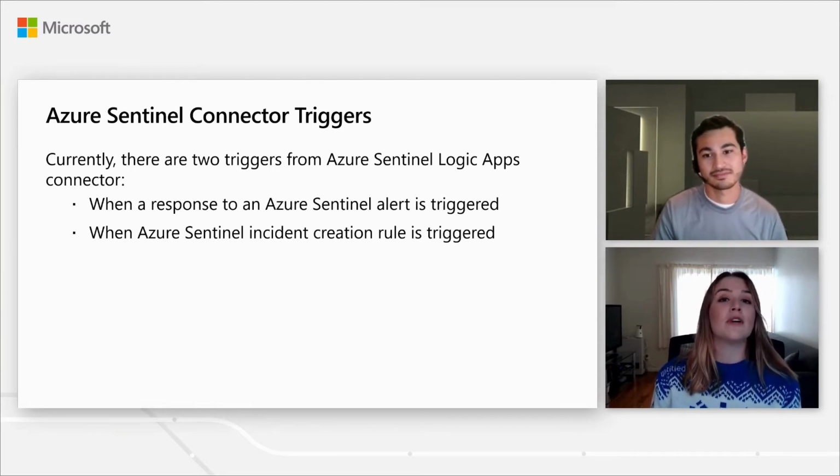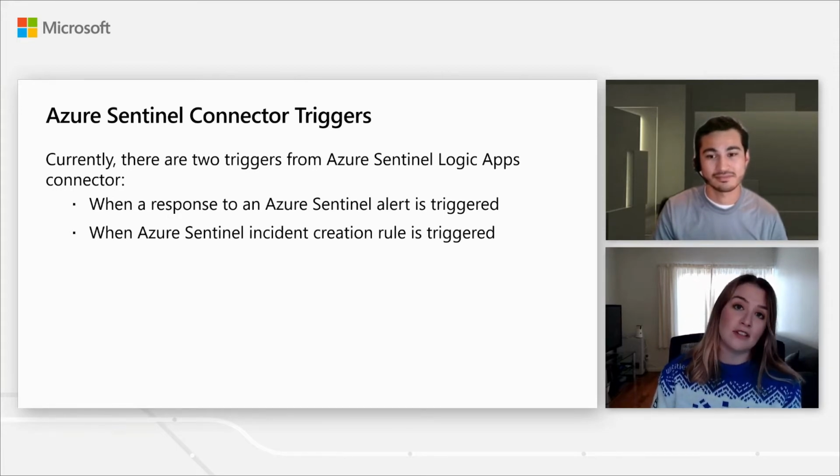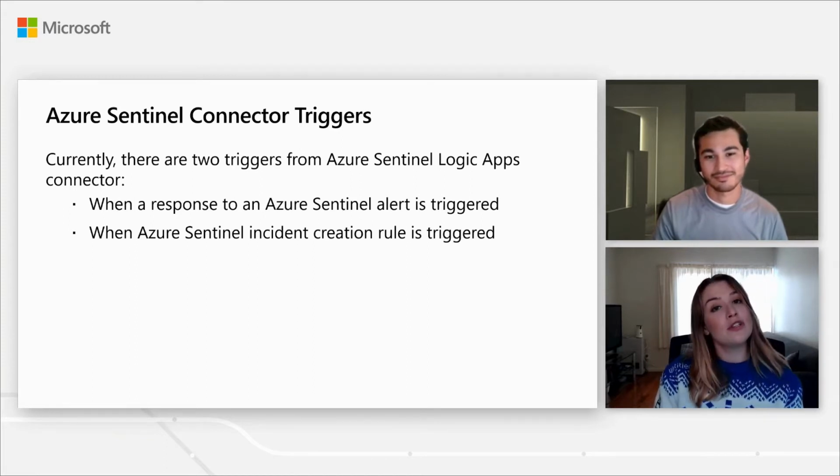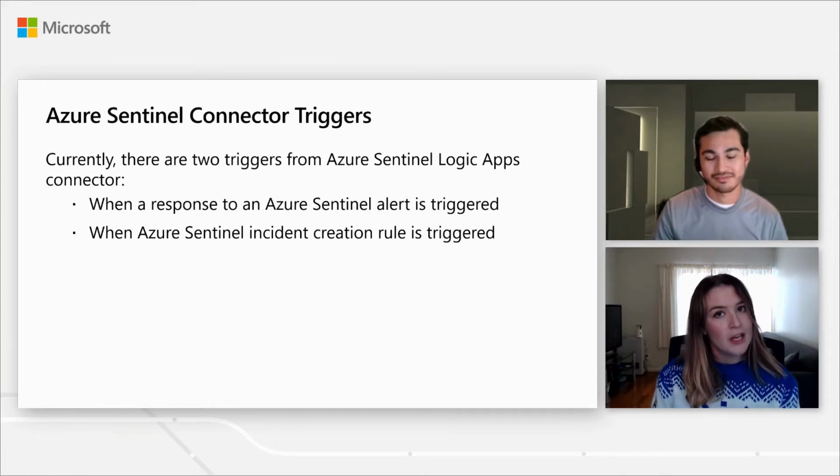Now, you can create alerts within Sentinel, or you can receive alerts from other security products. Just because you get an alert doesn't necessarily mean you want to create an incident. Sometimes you will and sometimes you won't. It might be that you only create an incident when you get a certain number of alerts or a certain combination of alerts. So that's why we have two different triggers.